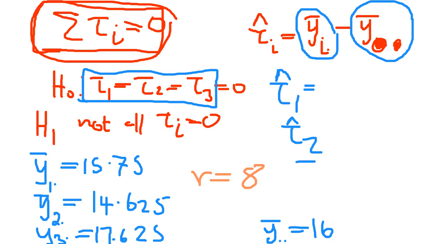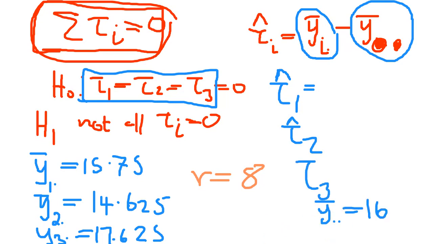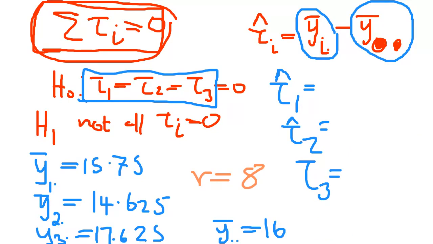And tau 3. I'm told the first value here is negative 0.25.